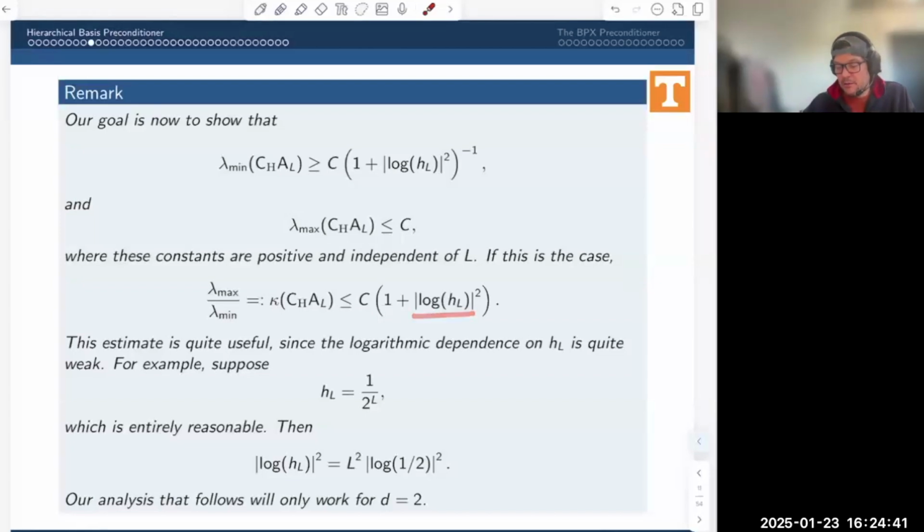Well, everyone knows that the log can be problematic going in either direction. If I'm putting small things in, this thing is blowing up to minus infinity, but if I put large things in, it's growing. But actually, it's not going to grow all that fast.